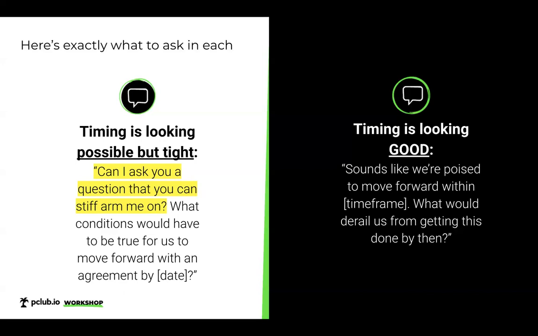And you'll notice that the tone of each of these questions mirrors the deal's situation. Okay, so over here on the left, you're almost acknowledging with your words that timing is tight, but you're also communicating a desire to get it done tactfully with social intelligence. And so you're asking what conditions would have to be true.